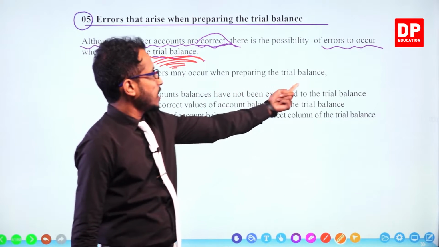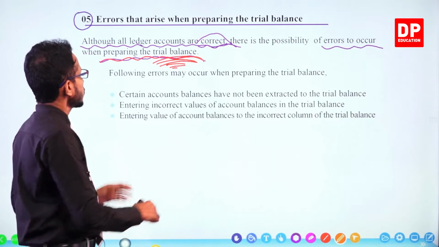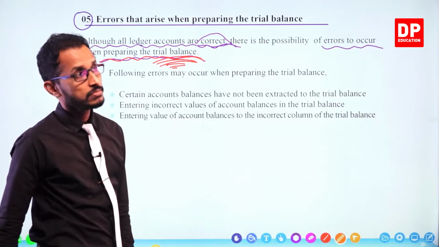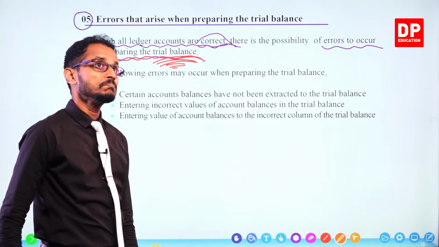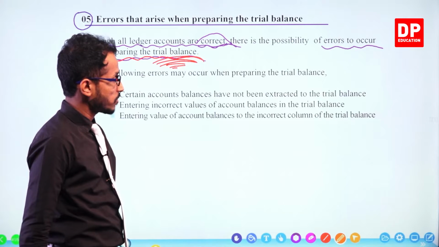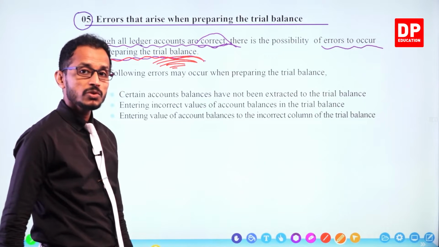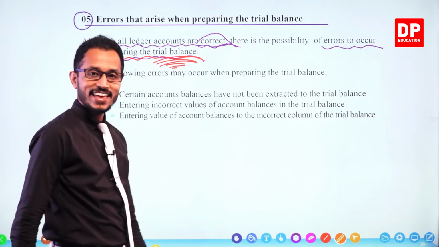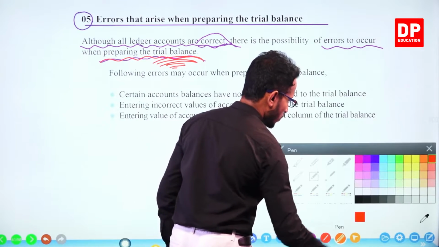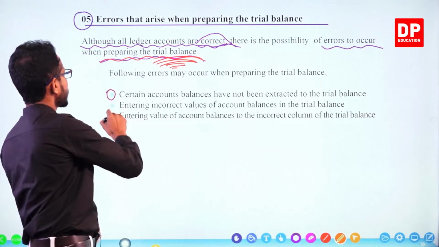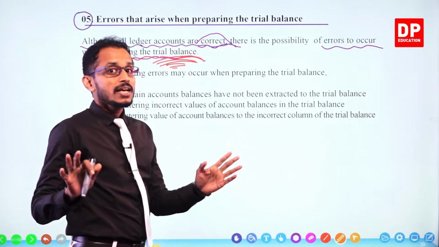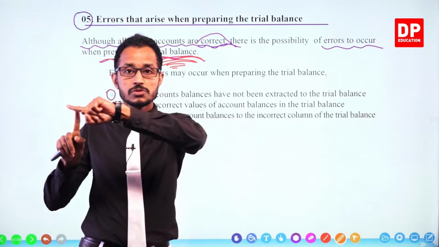Following errors may occur when preparing the trial balance. Let's read out. First, errors which occur when certain account balances are not extracted to the trial balance, which means there are T accounts, ledger accounts, so many ledger accounts.